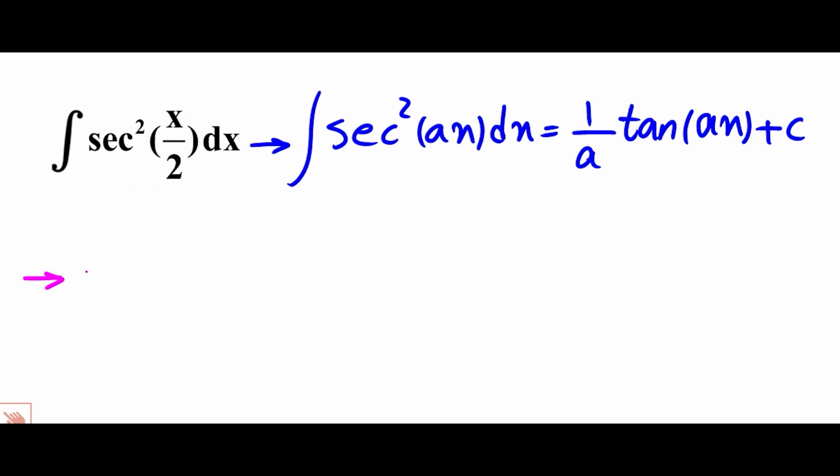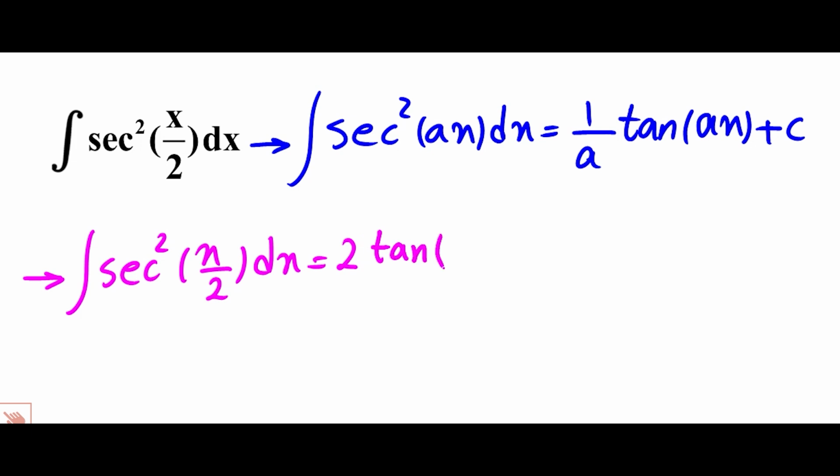So we have the integral of secant squared x over 2 dx equals 1 over 1/2 equals 2 times tangent of x over 2 plus c. That's very, very easy and important.